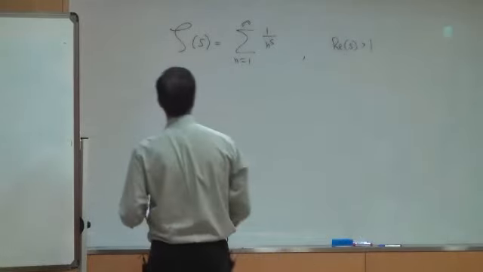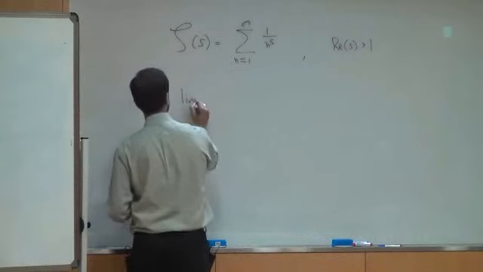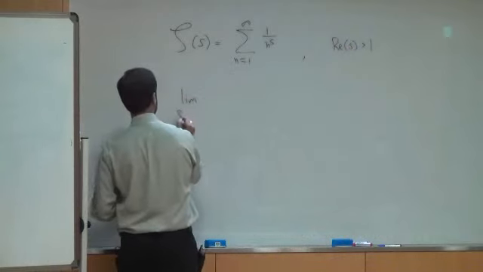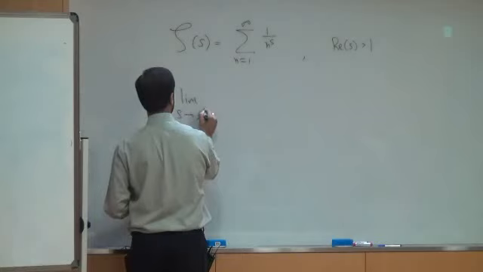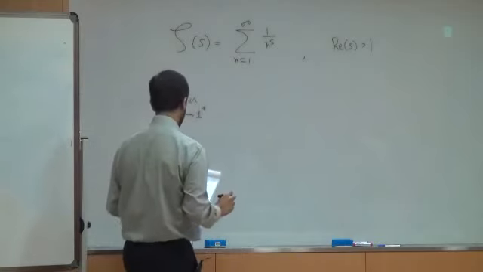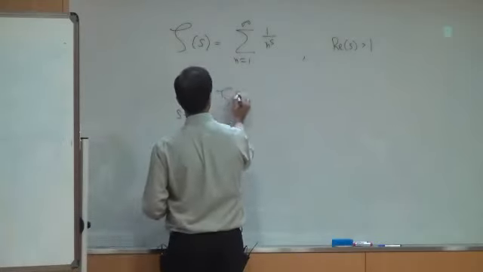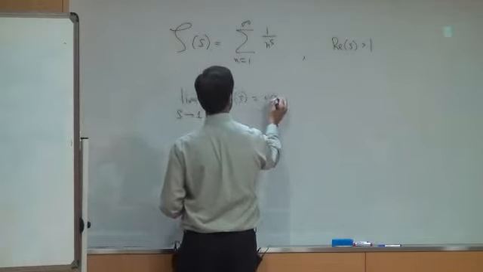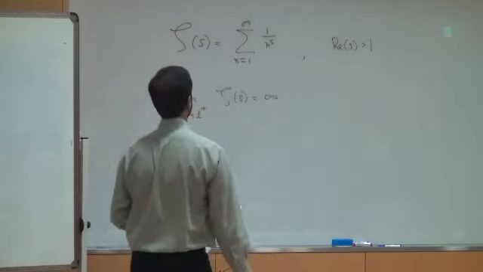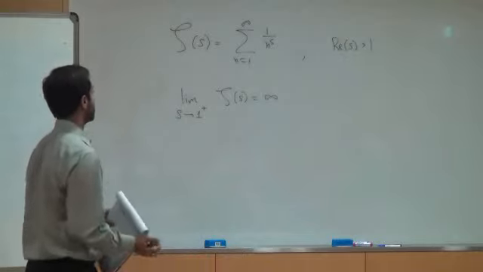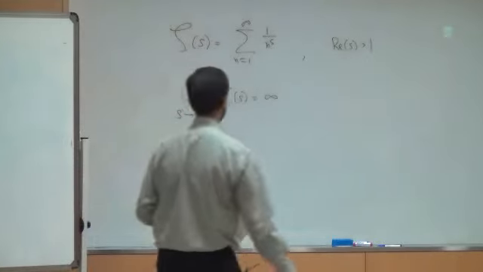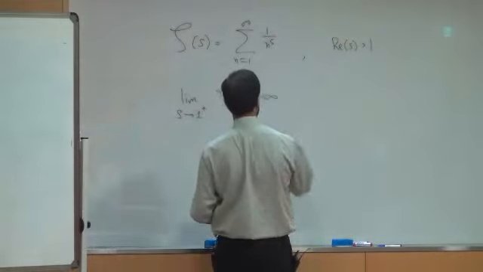As is well known, and taught in our calculus classes, for a real variable s, as you approach 1 from the right, the limit of this function is infinity. This is just saying that the harmonic series, the sum of 1 over n, diverges: 1 plus a half plus a third plus a fourth.